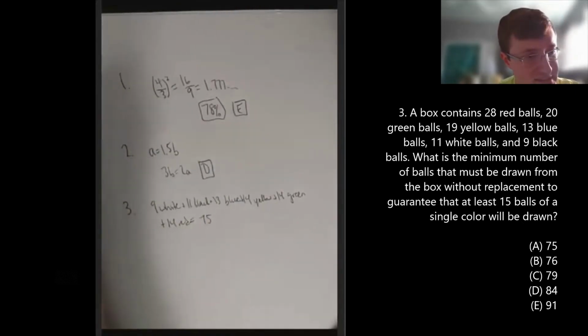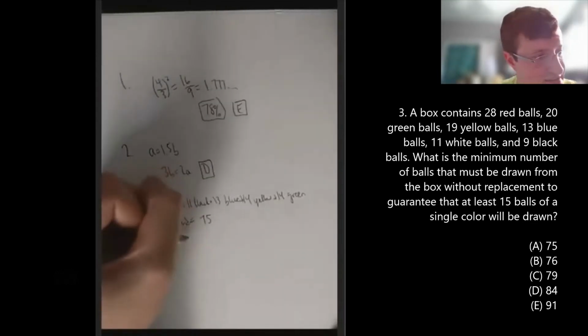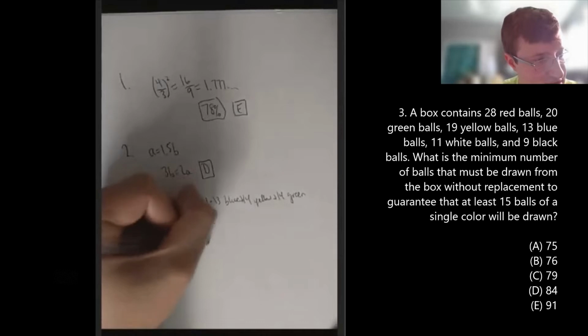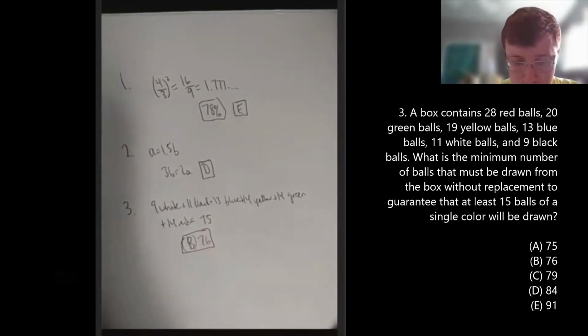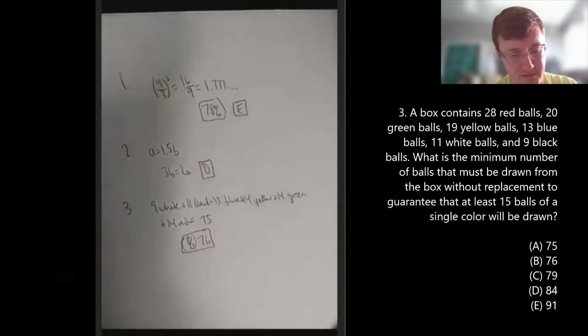So I think if I take 76 balls, I'll have to get 15 of a single color. So that is B. Okay, let me just double check my arithmetic here. Yeah, okay.